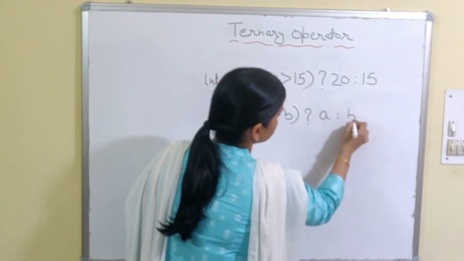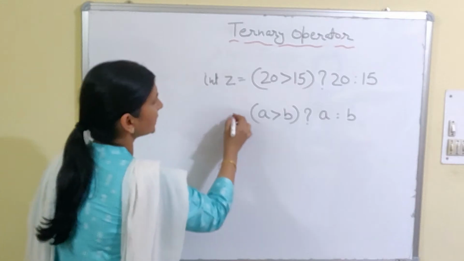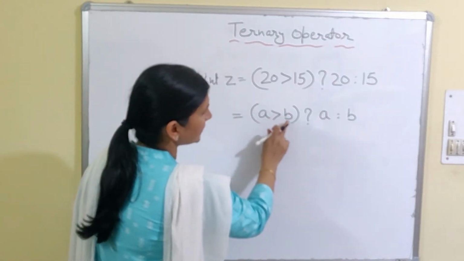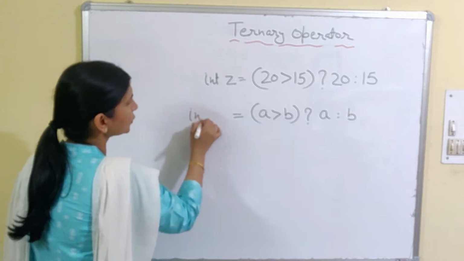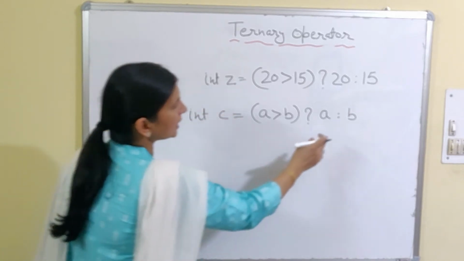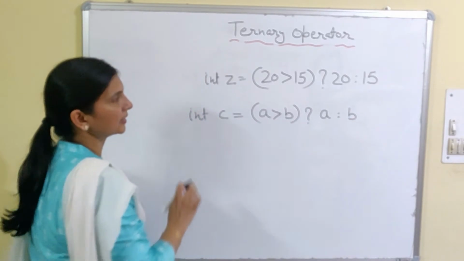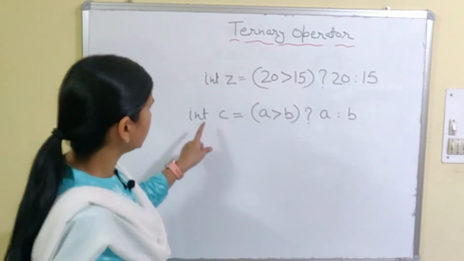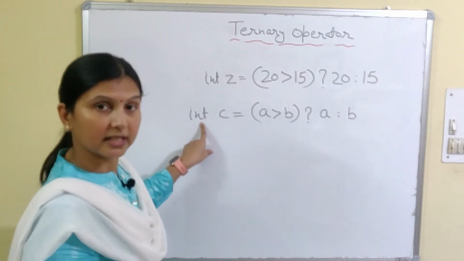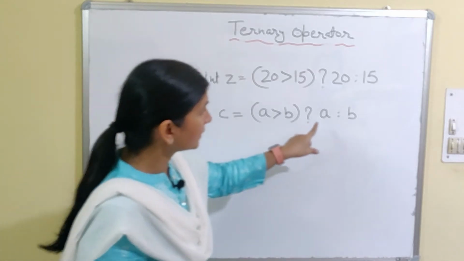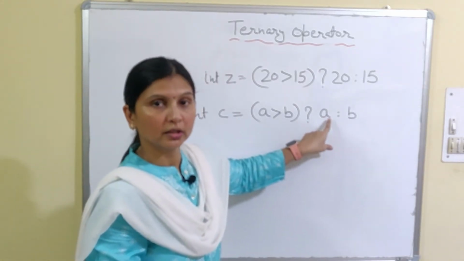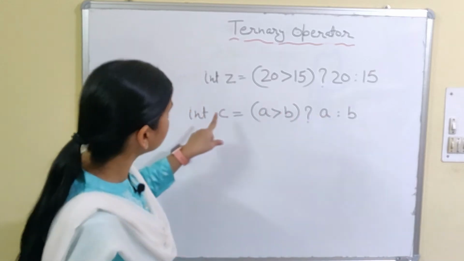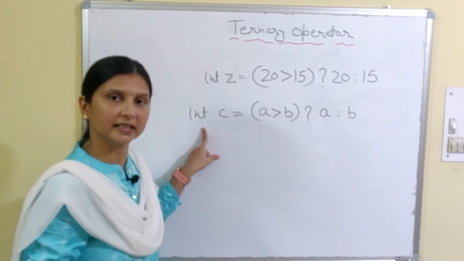In the first part a, second part b. What does it mean? If a is greater than b, then the value of a will be assigned into c, otherwise b will be assigned into c. And this data type depends upon the values of a and b, because you are assigning integer values, that's why we have taken c as an integer.